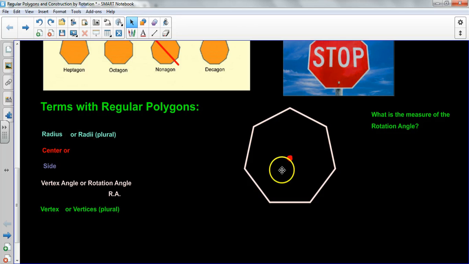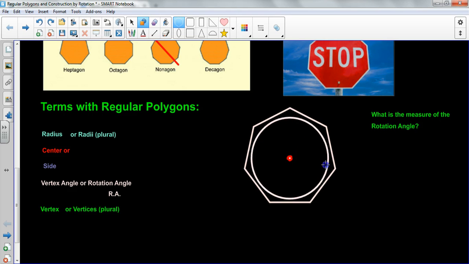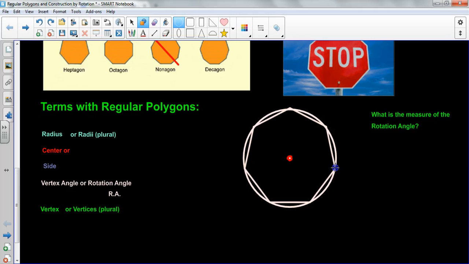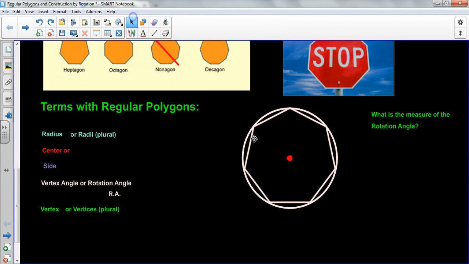Now, radius of a polygon, or for plural, radii. Radius is a word that we reserve for circles. So how do those relate to regular polygons? Well, if I make a circle centered at the same center as the polygon, right here, and I make a radius that goes out to a vertex, notice every vertex is on that circle as well.